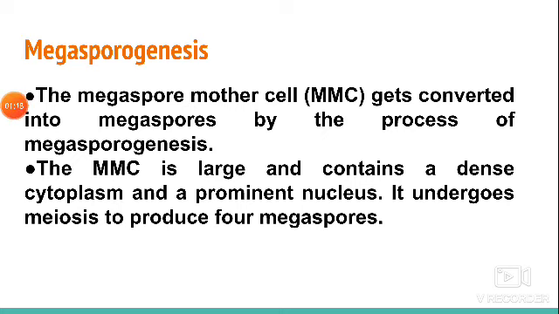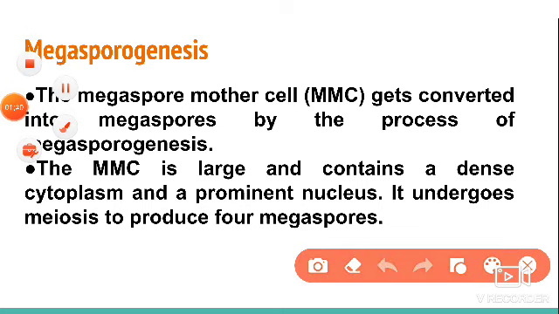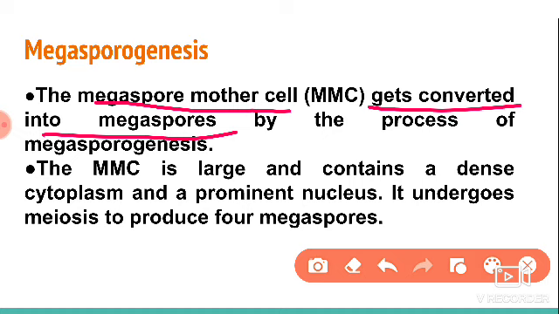from the megaspore mother cell. The process of formation of megaspore from the megaspore mother cell. Here what they have given is: the megaspore mother cell gets converted into megaspore by the process of megasporogenesis. A very simple definition. Or you can say that it is the process of formation of megaspore from the megaspore mother cell.